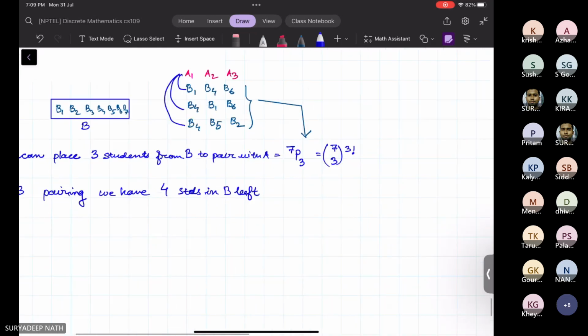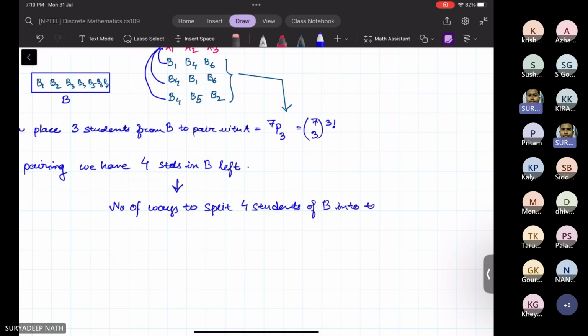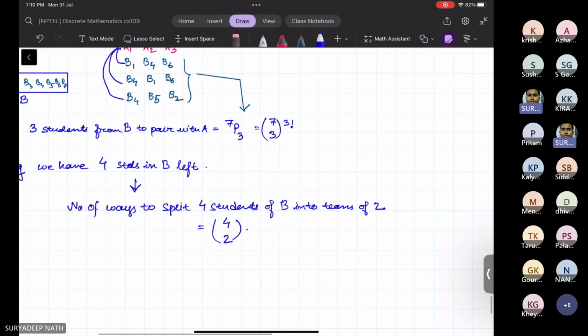Now the number of ways to split four students of B into teams of two is basically 4 choose 2, but that would overcount.